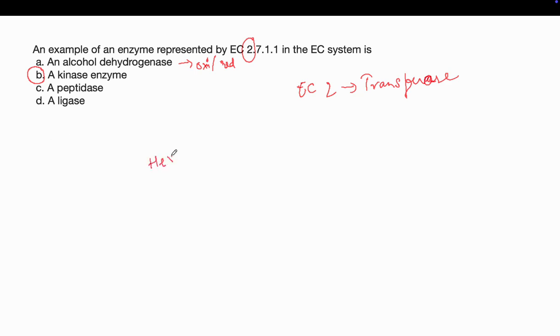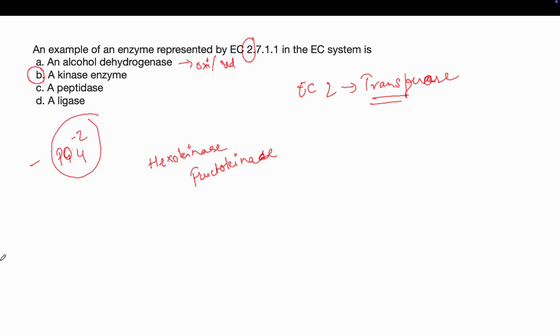So we have hexokinase and fructokinase. These are all kinases, which belong to the EC class of transferases. They transfer a functional group, and here the functional group is phosphate.